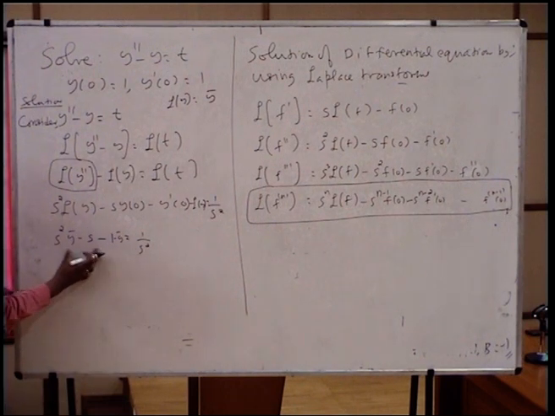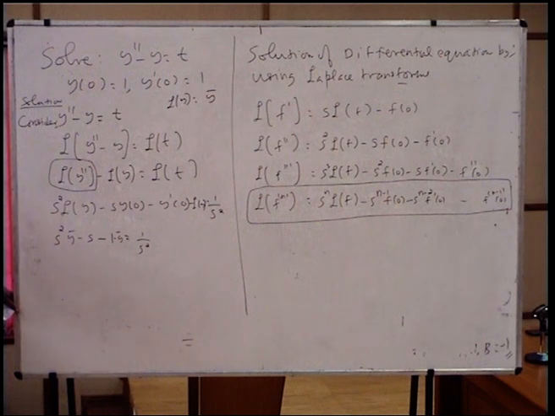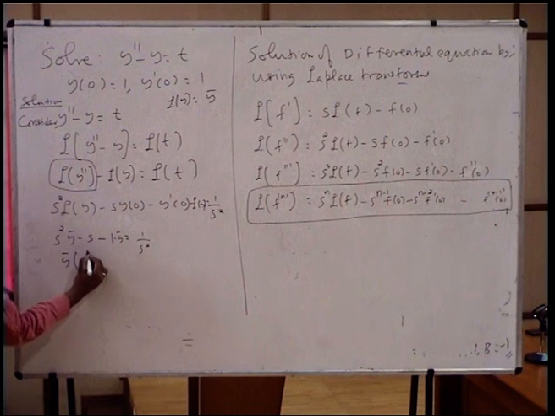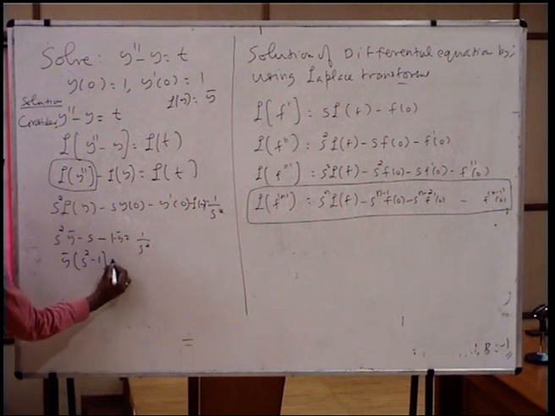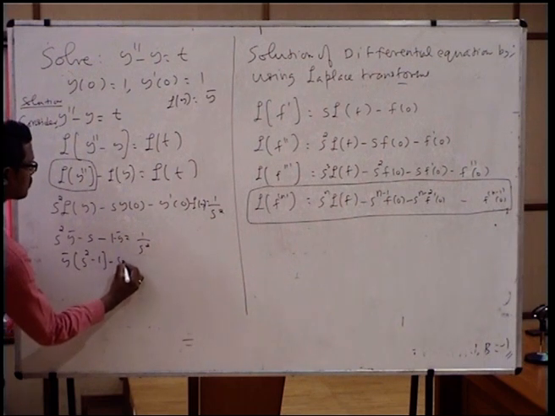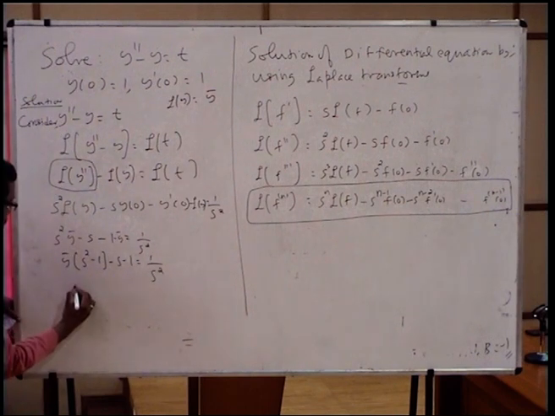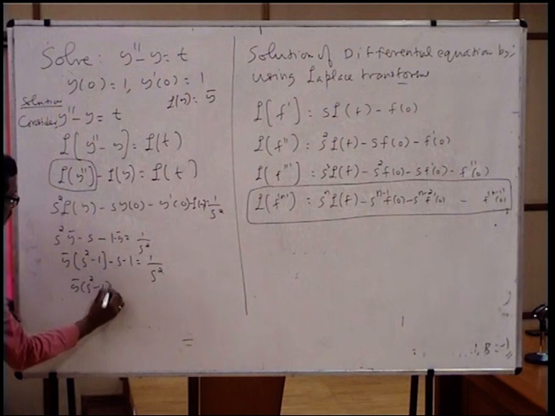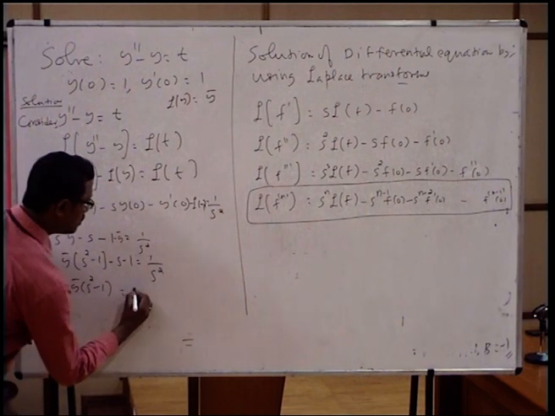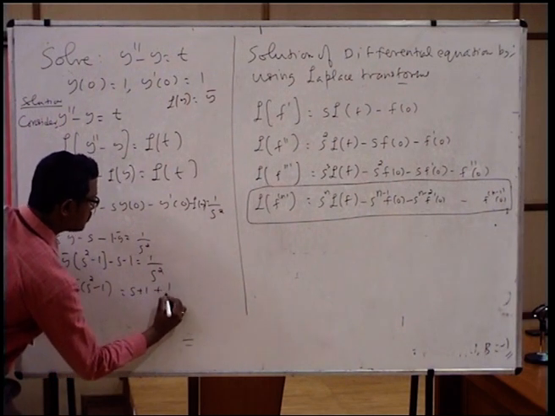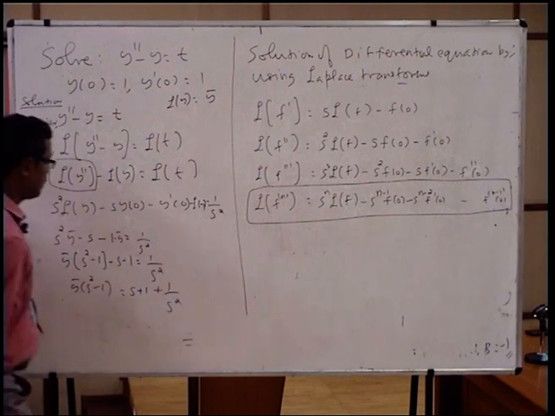If you collect terms containing y bar, you can write y bar into s square minus 1, minus s minus 1 equal to 1 by s square, or y bar into s square minus 1 equal to s plus 1 plus 1 by s square.